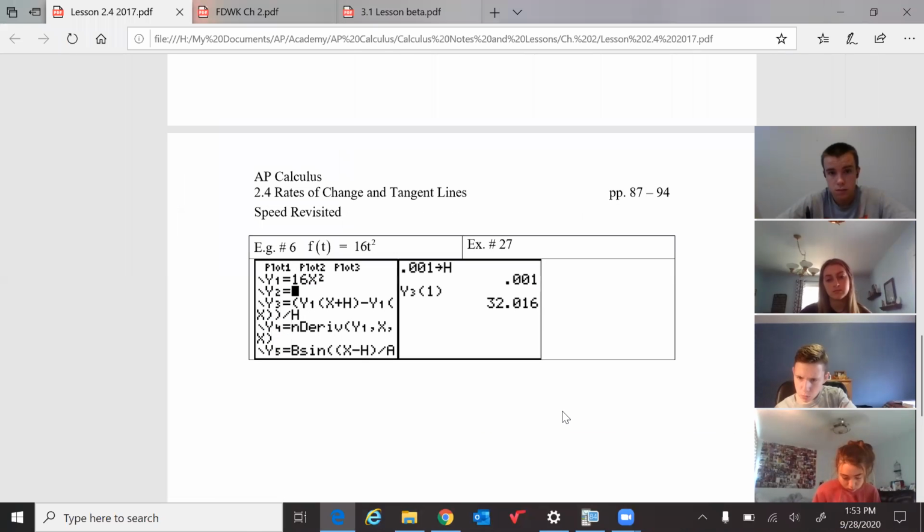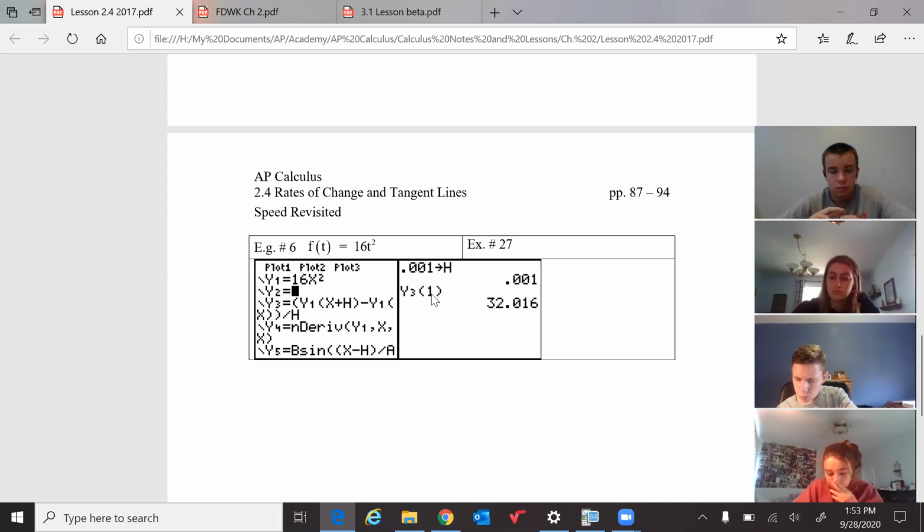So we're saying here, ready? This had 0 initial velocity, 0 initial height. Just how far did it fall? And that's what the function is going to tell us. Y3 is the difference quotient. It's going to tell us the speed at that time.